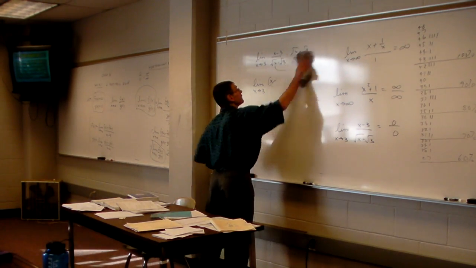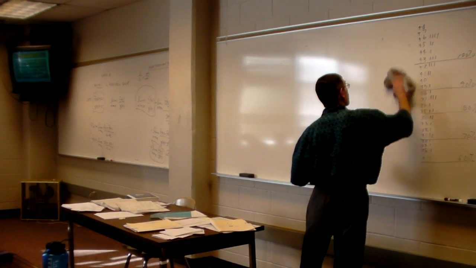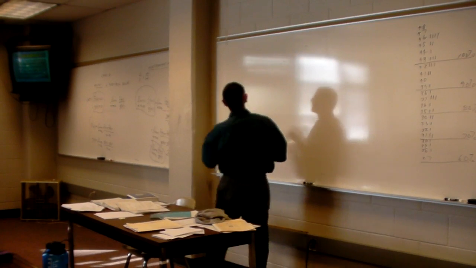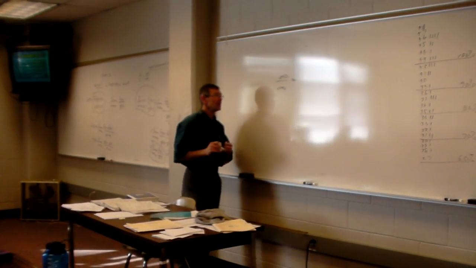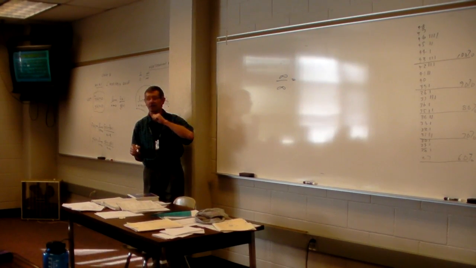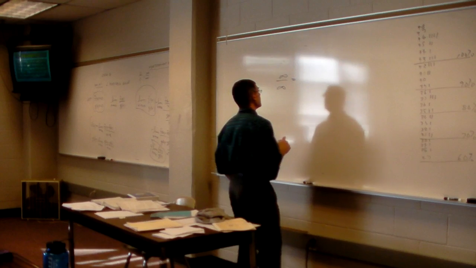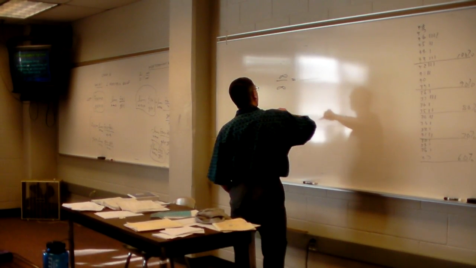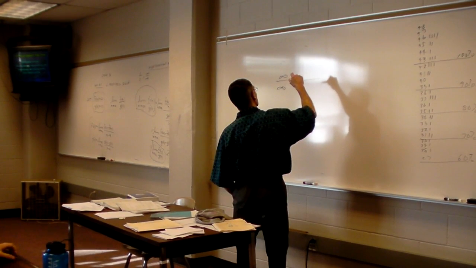Okay, so let's do some examples. Does that work for infinity too? Yes, it works for infinity because infinity over infinity is really, what do I want to say here?